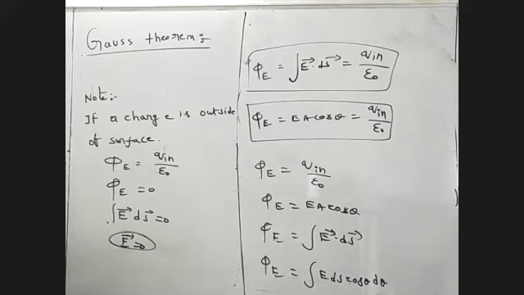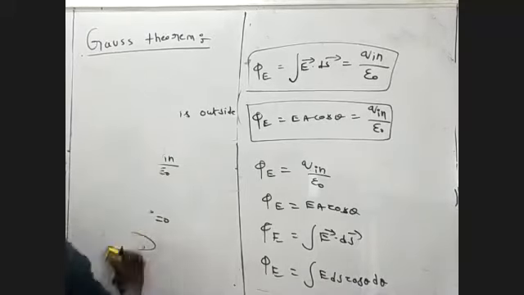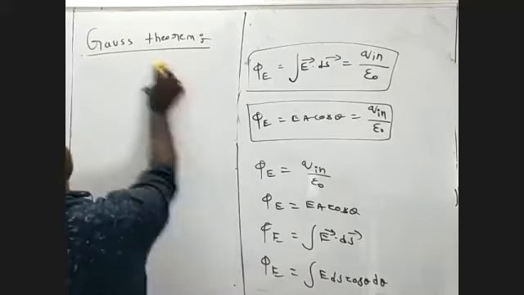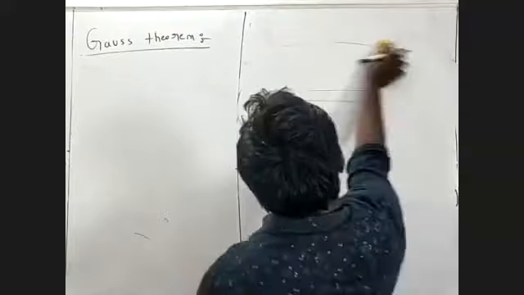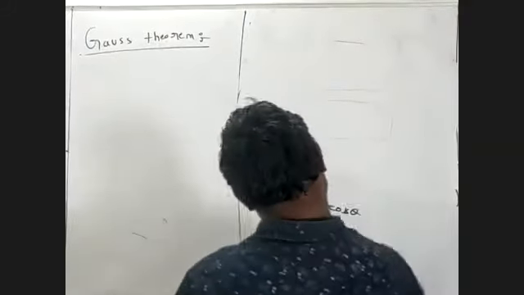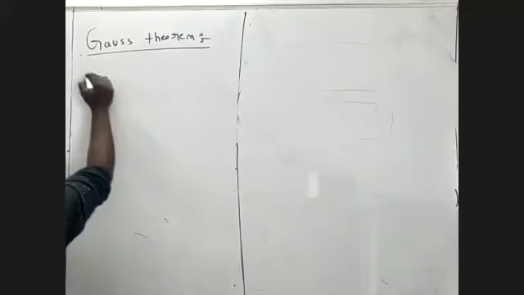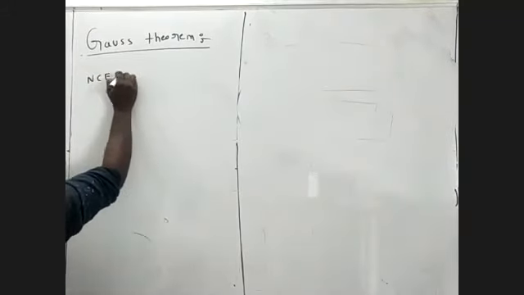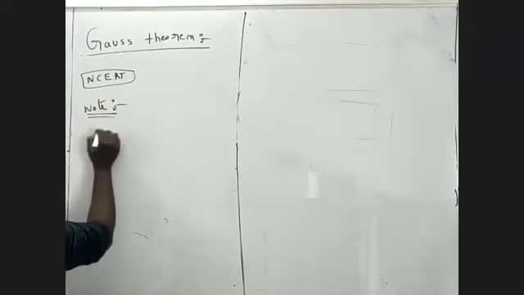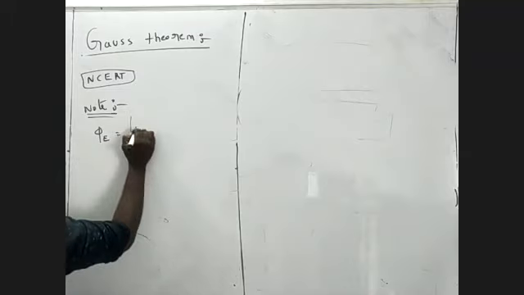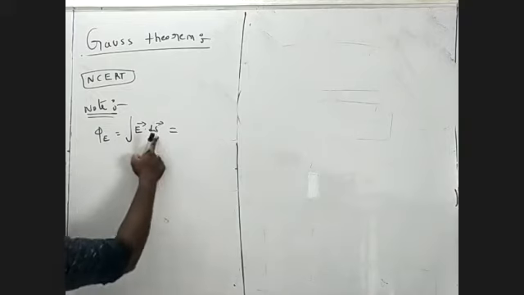Next important point. You see the NCERT question. We know electric flux is equal to E bar dot ds bar, where ds bar is the area vector.